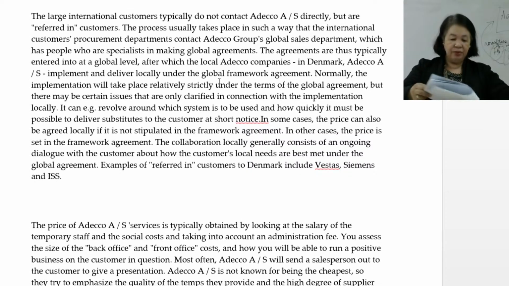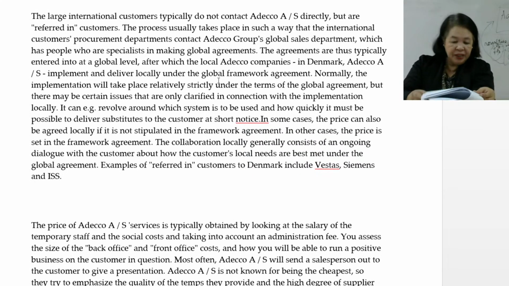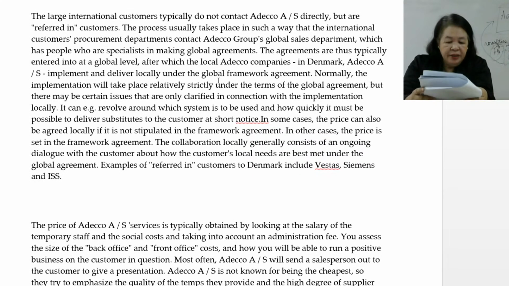No? So, it is extensive. The large international customers typically do not contact Adecco AS directly but are referred in. The process usually takes place in such a way that the international customer's procurement department contacts Adecco Group.